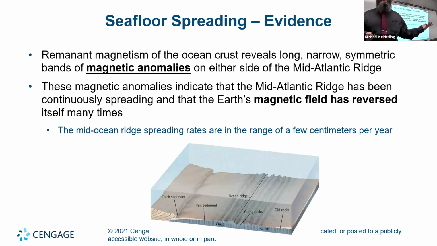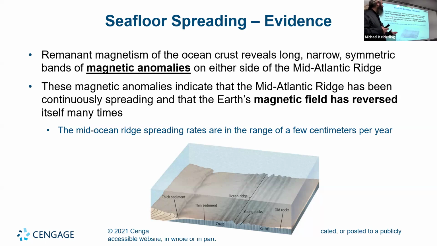So remnant magnetism of the ocean crust reveals long, narrow, symmetric bands of magnetic anomalies on either side of the mid-Atlantic ridge or any other mid-ocean ridge. And these magnetic anomalies indicate the mid-Atlantic ridge has been continuously spreading, and the Earth's magnetic field has reversed itself many times.